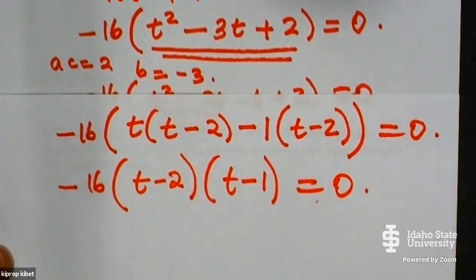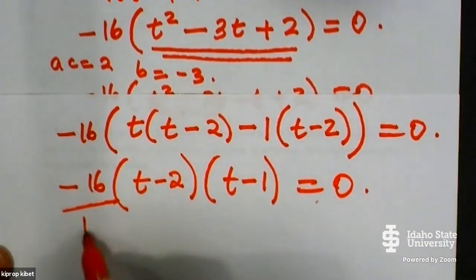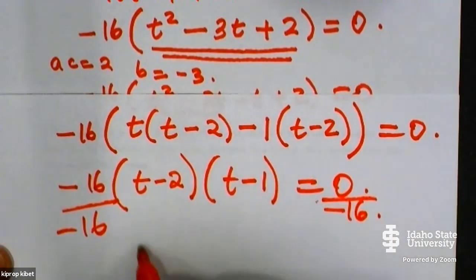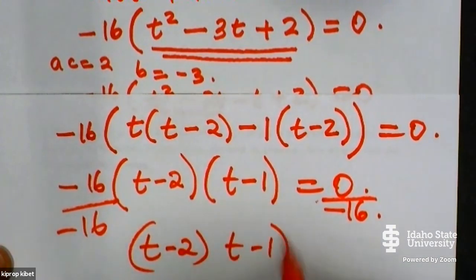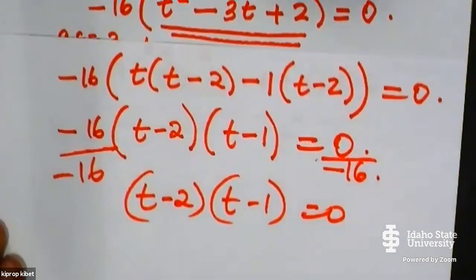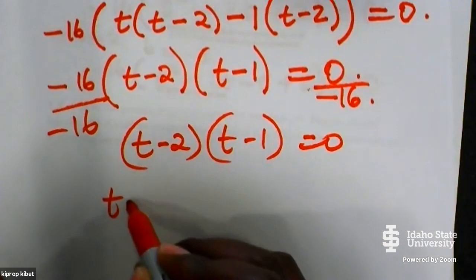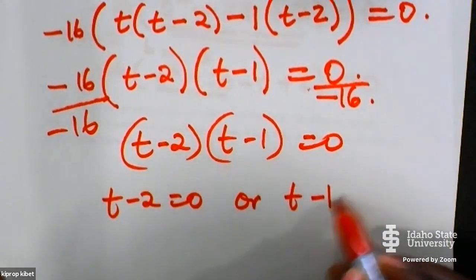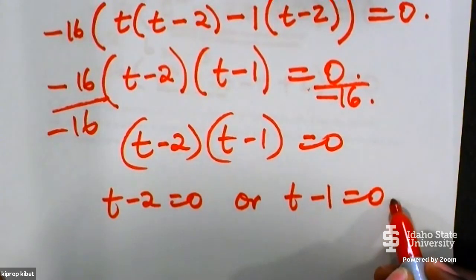Now, using the zero product property, t minus 2 equals 0, or t minus 1 equals 0.